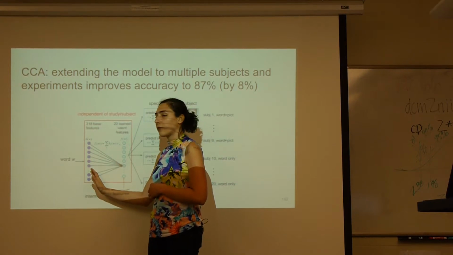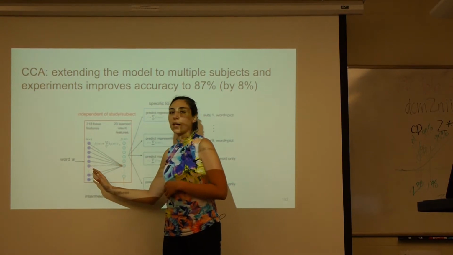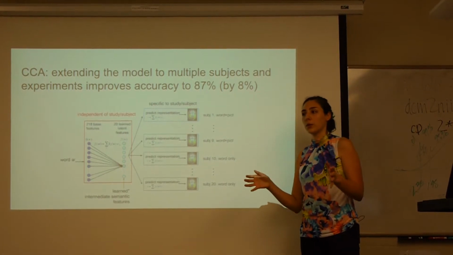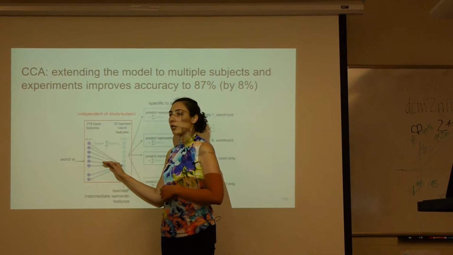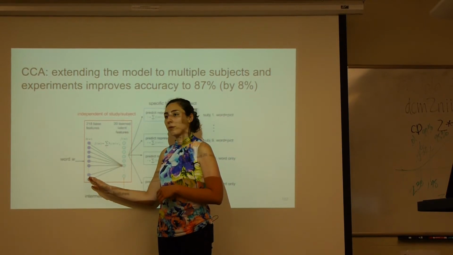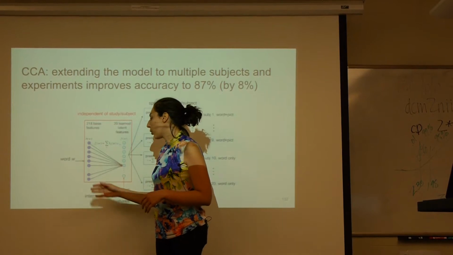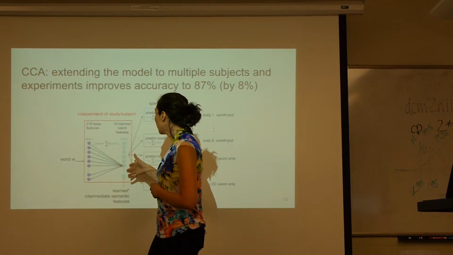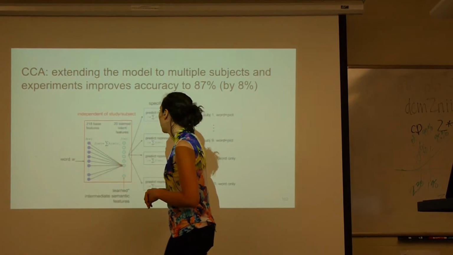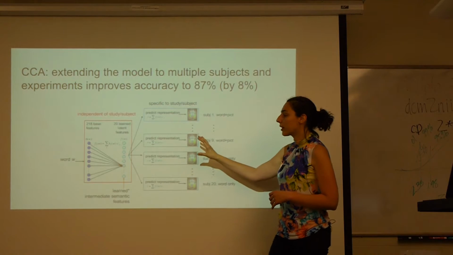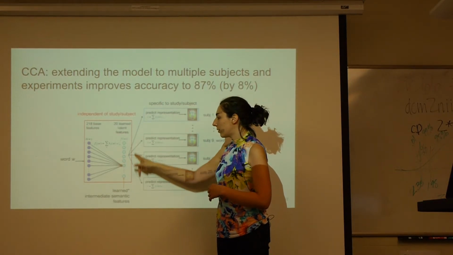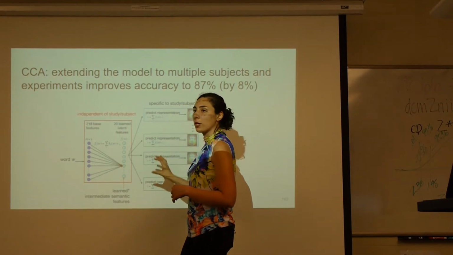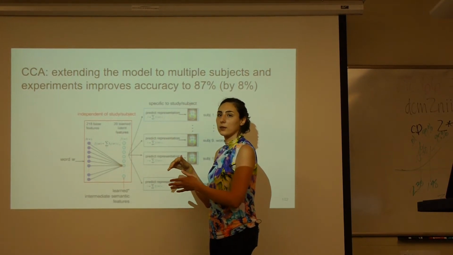So we have other types of features, which were actually questions answered by people in Mechanical Turk about the 60 words. And we did a linear regression between these features that were questions answered by Mechanical Turk people to some latent features here. So CCA comes in this stage here, the way we do the transformation from these separate subjects into one common latent space.